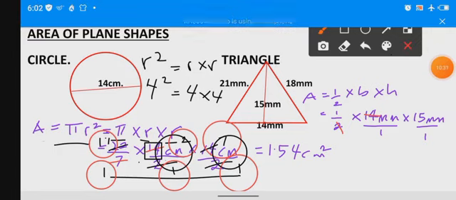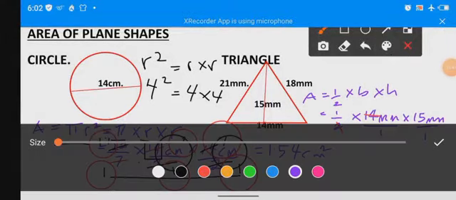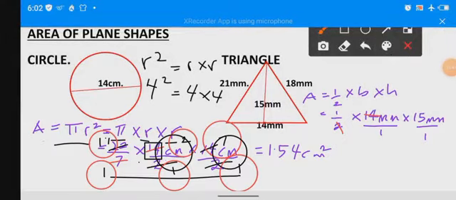For the area of a triangle, the formula is half base times height, written as half times base times height. This B stands for the base and this H stands for the height. Now how do you identify the base? I deliberately wrote two other numbers here.